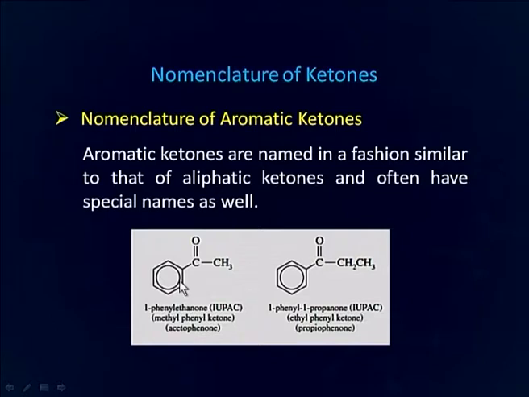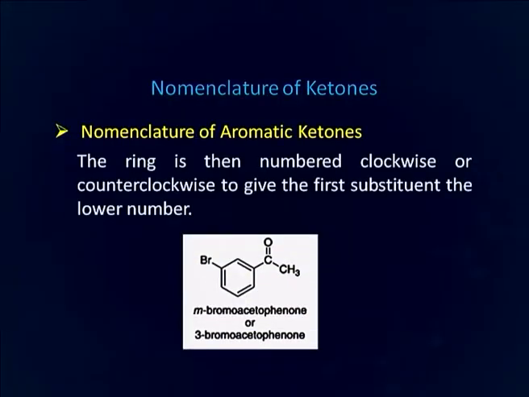This IUPAC nomenclature is hardly used for this molecule in chemistry. With cyclic ketones, numbering always begins at the carbonyl carbon, but the number 1 is usually omitted from the name. The ring is then numbered clockwise or counterclockwise to give the first substituent the lowest number.